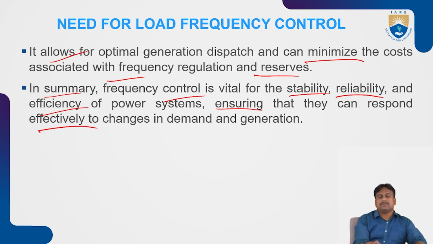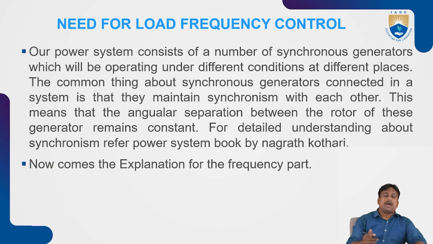Likewise, load frequency control is a very important task for keeping the power system under safe operating conditions. Our power system network consists of a number of synchronous generators. We have a number of blocks and divisions operating under different conditions at different places. The main common aspect is the synchronous generators.